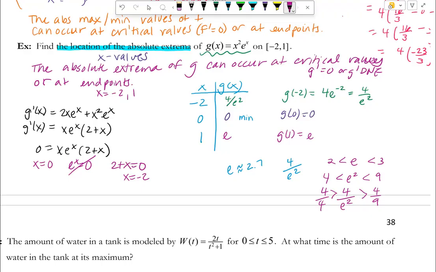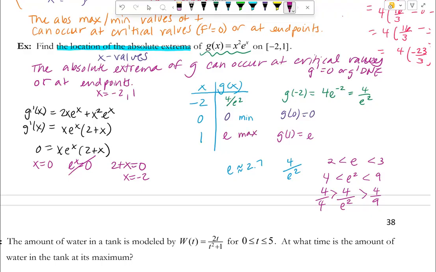I'm just laughing because I just finished filming the lesson on monotonicity where we talk about that. So, okay, all that to say, we know that 4 over e squared is definitely less than 1, which means it's definitely less than e, which means that e is our max.